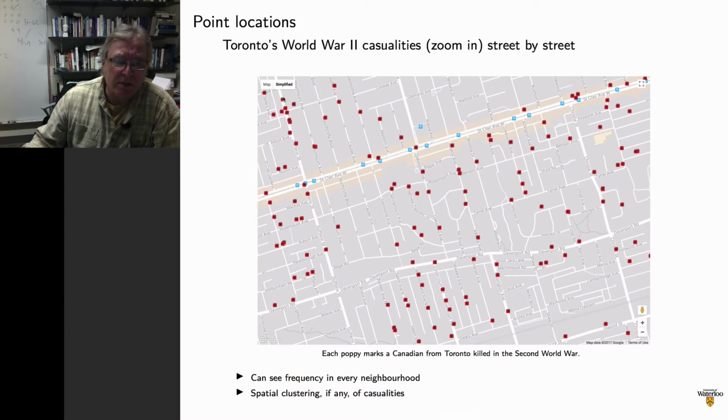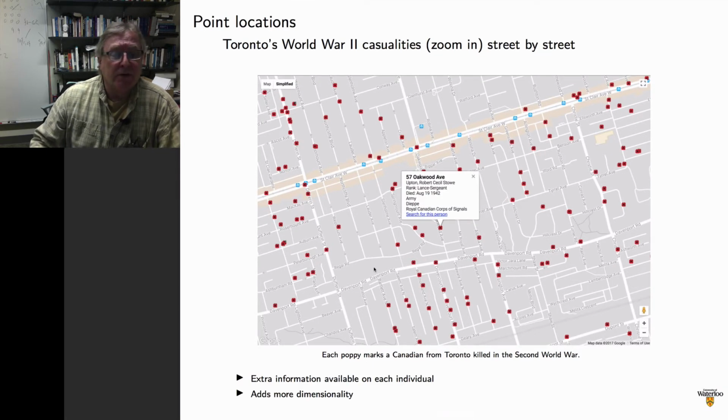There are neighborhoods here that have a huge number, proportionally, especially considering the population of Toronto at the time back in the early 1940s, that have had deaths in very, very near neighbors, so that these people have been killed in the war. So it really drives home the fact that you've actually got this clustering, how dense the data are, the locations, and the impact that this must have had on neighborhoods in that time.